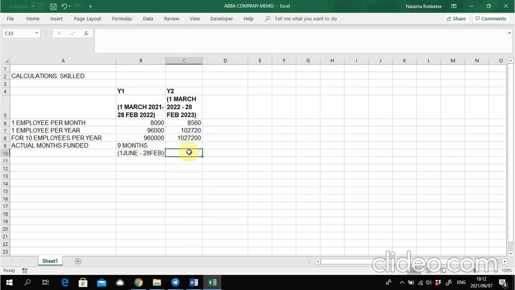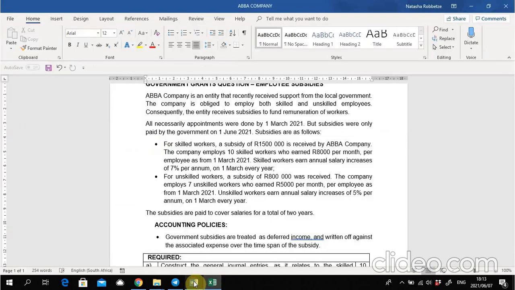Then in the next year, we will be able to fund all 12 months out of the subsidy, because by the time 1st of March comes, the subsidy is already received, since we get it on 1 June of the previous year. But a problem remains if I look at the number of months, because I need to fund salaries for 2 years.